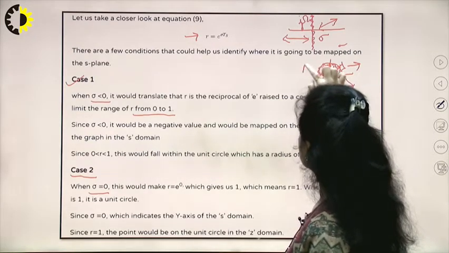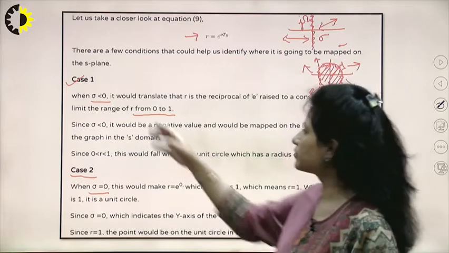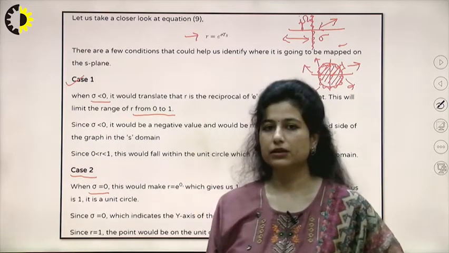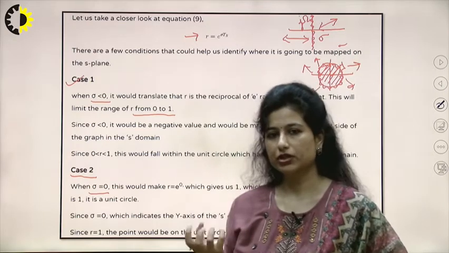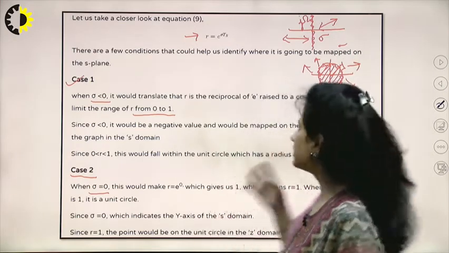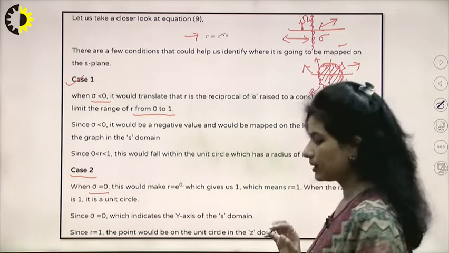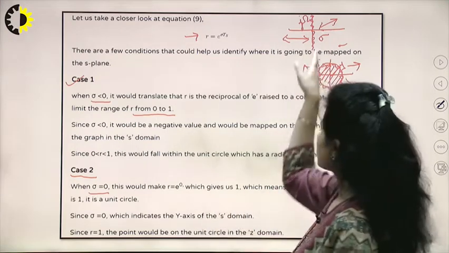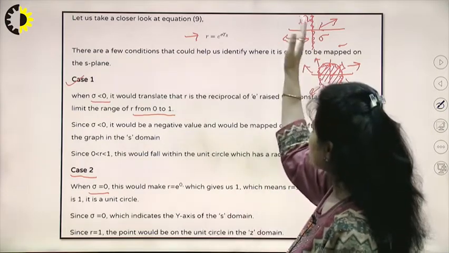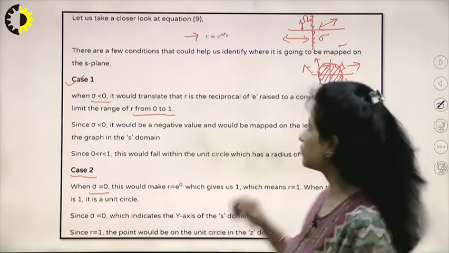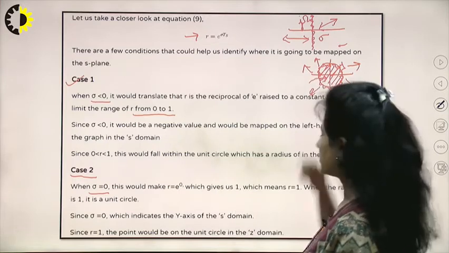So by having different values for sigma, I can conclude that the right hand side of the S plane would come into the area which is outside the unit circle. This imaginary axis would form the circle itself, and all the values on the left side of the S plane would form the inside of this unit circle.